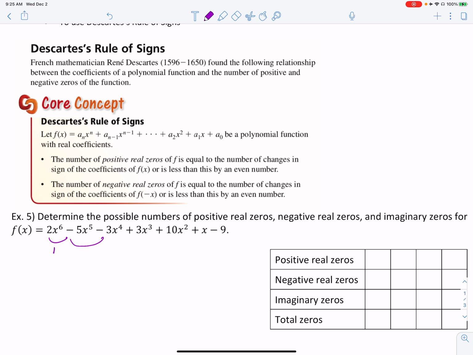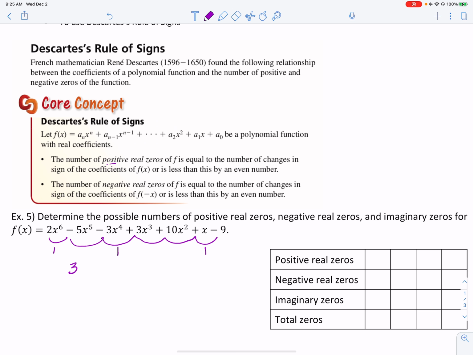But from -3 to +3, the sign changes from negative to positive, so there's another sign change. Then +3 to +10 is not a sign change. They're both positive. +10 to +1 is not a sign change because they're both positive. But from +1x to -9, that is a sign change. So there are 3 sign changes.